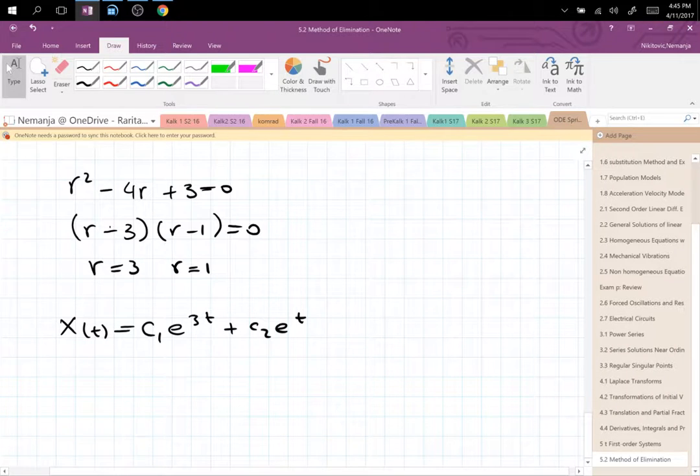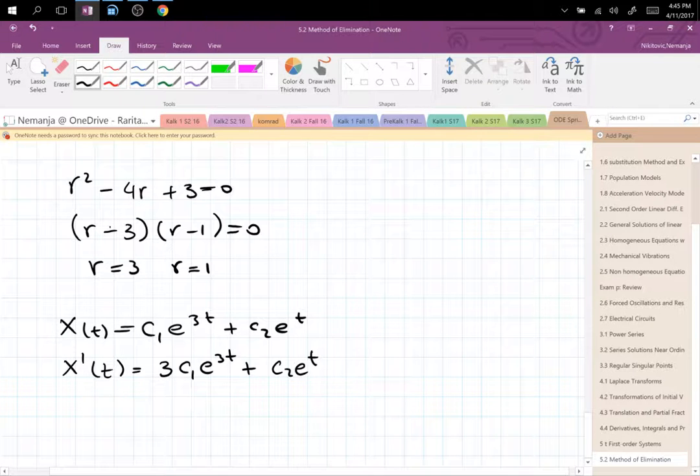So we have to differentiate this a few times and catch the pattern. So x prime of t is 3c1 e to the 3t plus c2 e to the t. X double prime of t is 9c1 e to the 3t plus c2 e to the t.